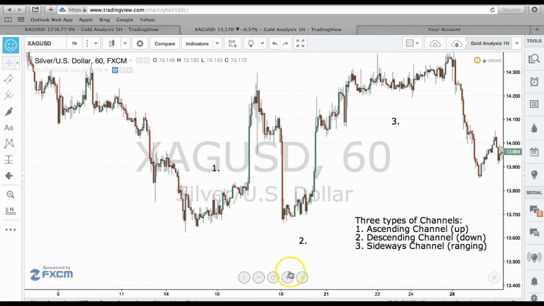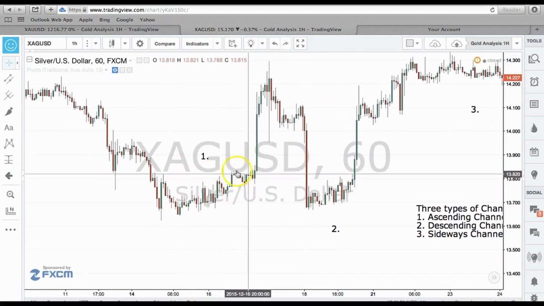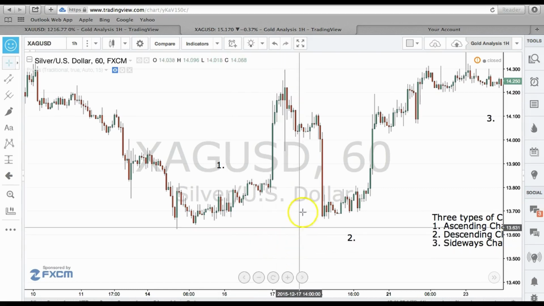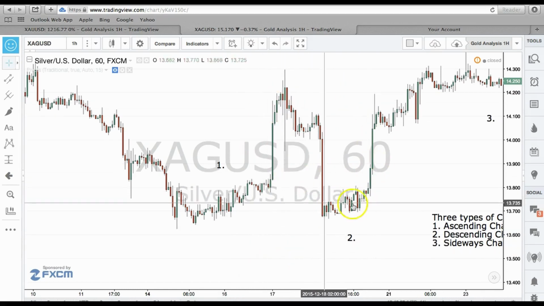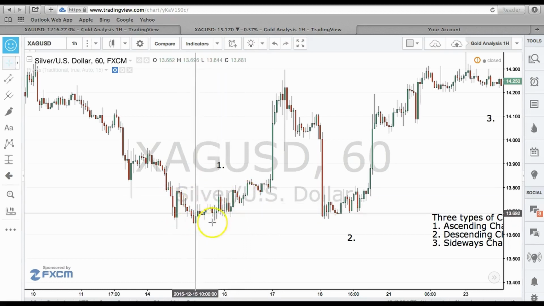Alright, so if we zoom in to this area right here, we're going to go ahead and pretend that none of this price action has taken place. So we're going to be right here.